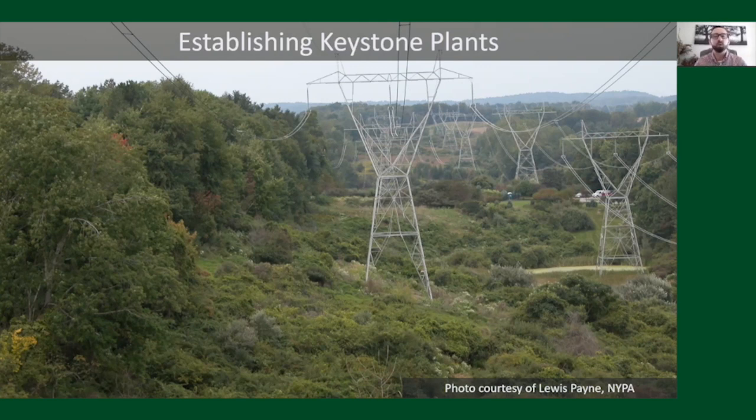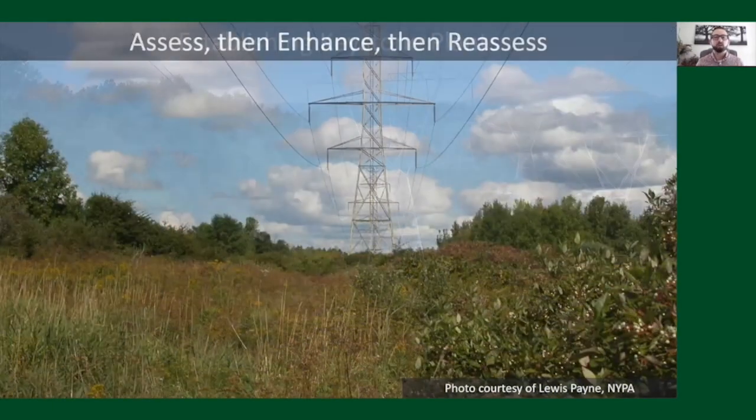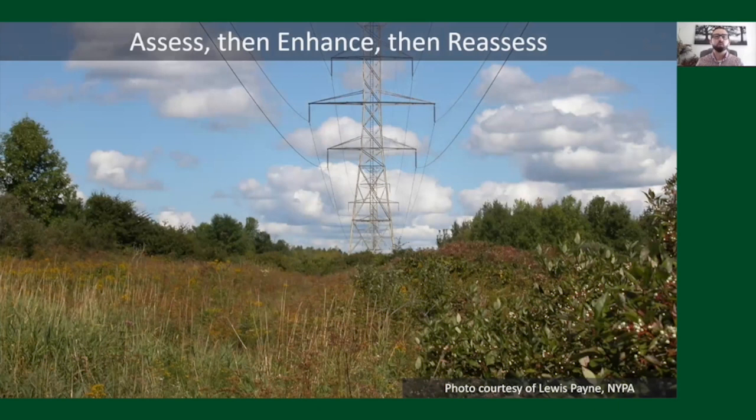And then as we go and move forward into this ecological momentum, we assess, we enhance, we reassess. We can continue to focus on areas of maybe rarer plants that have popped up, or maybe even planting these plants that we know are critical for certain organisms that occur in these areas. We can start focusing on managing for more compatibles that are filling specific niches, because generally compatible native plants support pretty specific native animals.